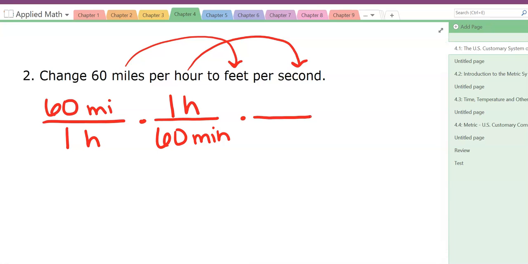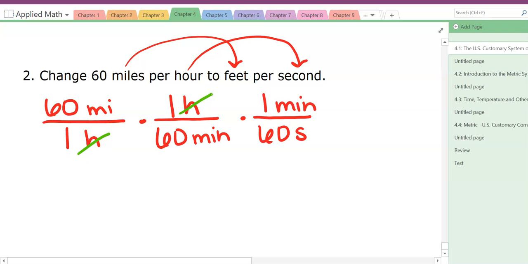Why 60 seconds on the bottom and not on top? So I want 1 minute to be on top, 60 seconds to be on the bottom. That way, notice that hours, you've got 1 on the bottom, 1 on the top, so they cancel out. You've got minutes, 1 on the bottom, 1 on the top, so they cancel out. And I'm left with seconds, which is what I wanted to get to.